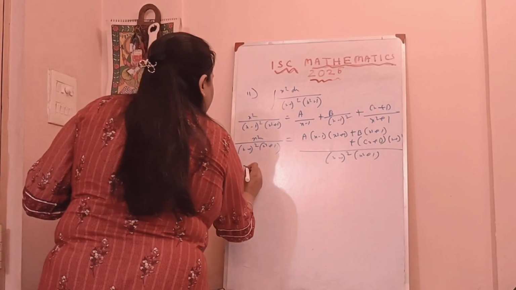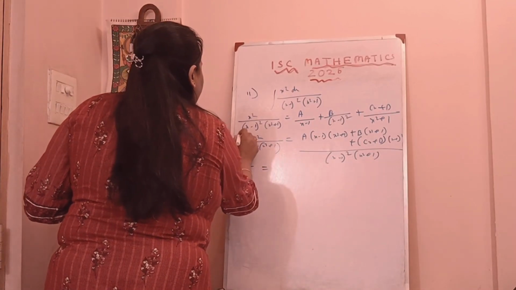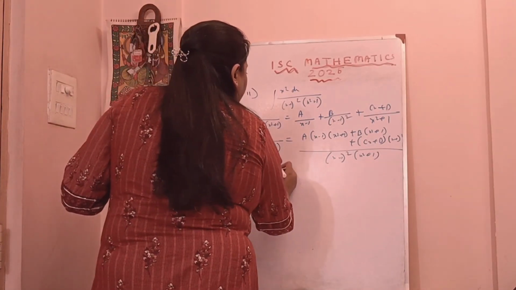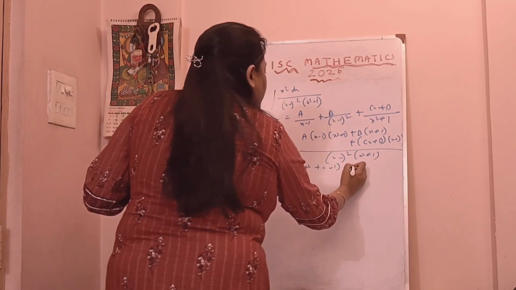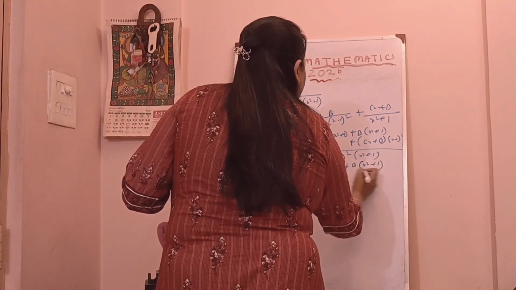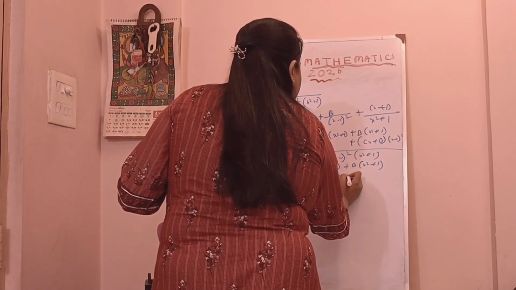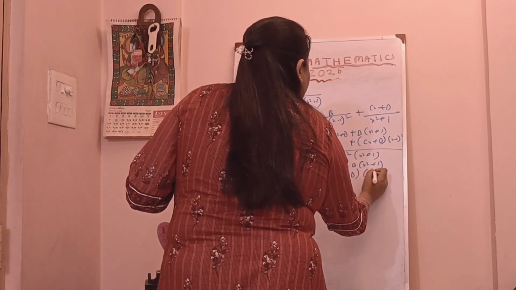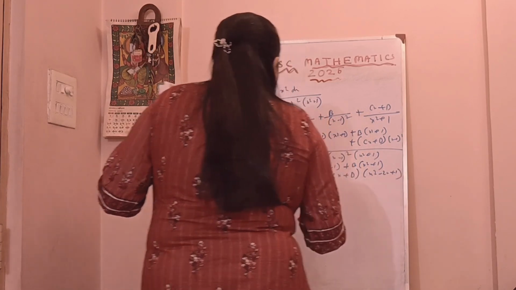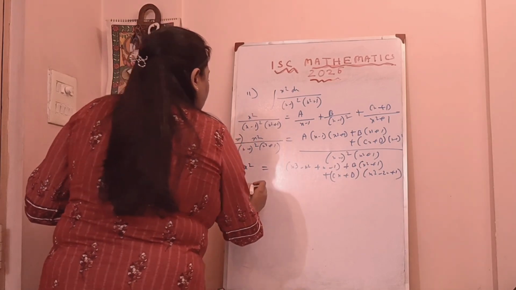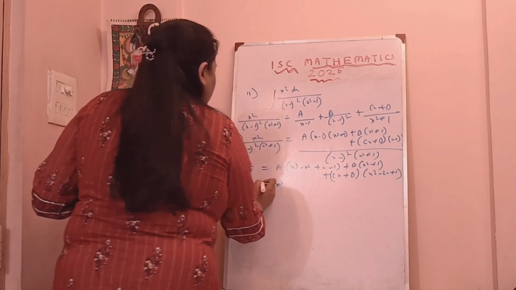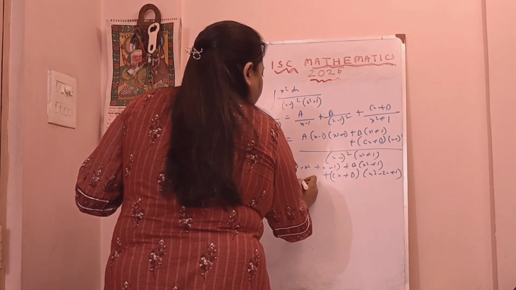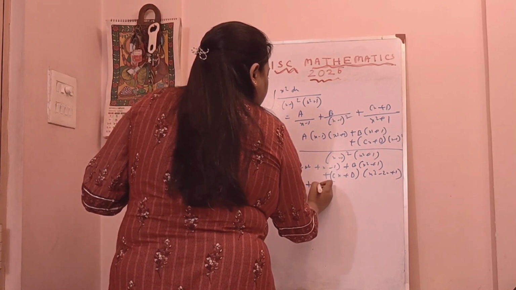So the numerator will be x square equals, this is the implication sign, a(x cube minus x square plus x minus 1) plus b(x square plus 1) plus (cx plus d) into (x square minus 2x plus 1). Comparing both sides, x cube common: it should be a plus c.